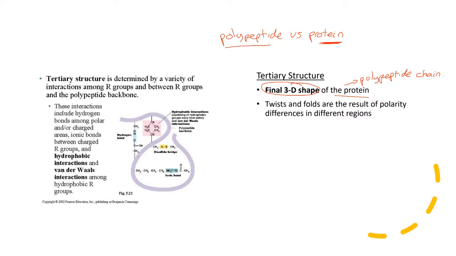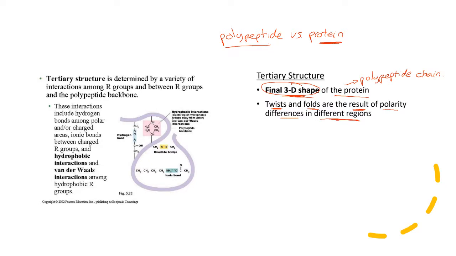Okay. So the tertiary structure is going to give you the final 3D shape of the protein. It's about all those twists and folds that are the result of polarity differences in different regions of the protein.